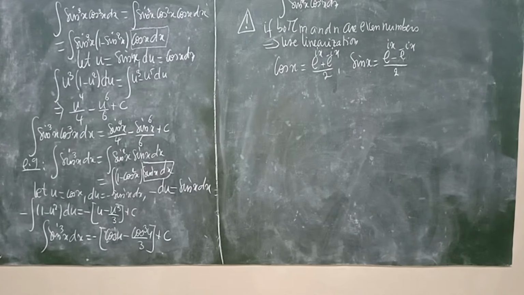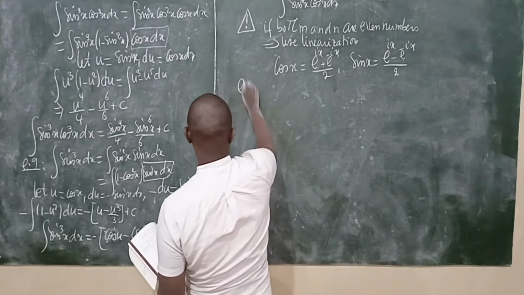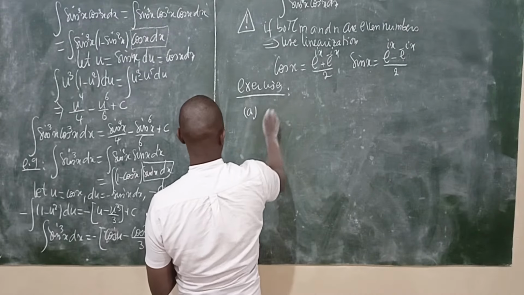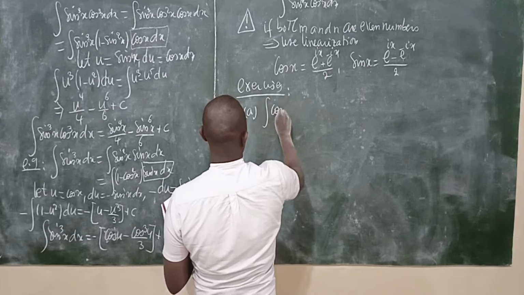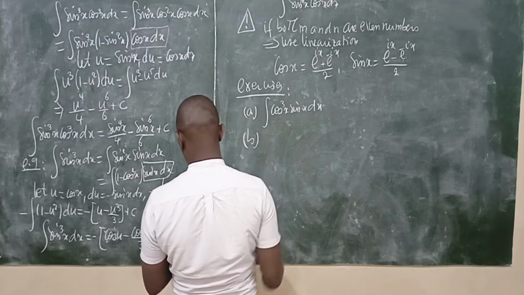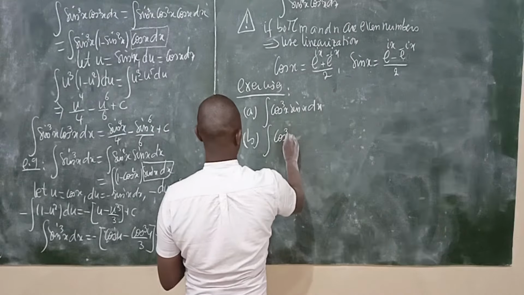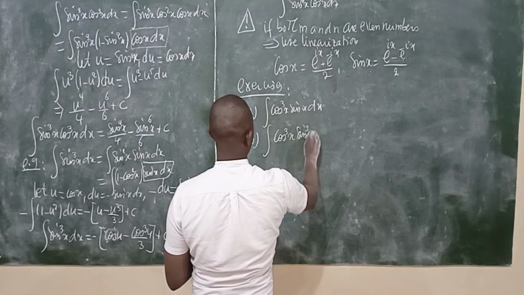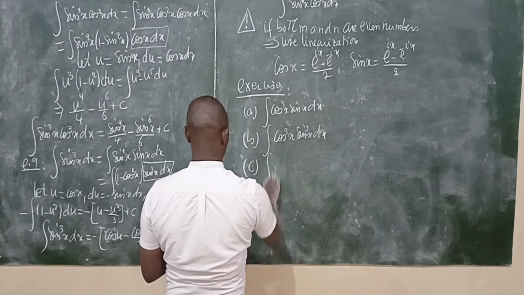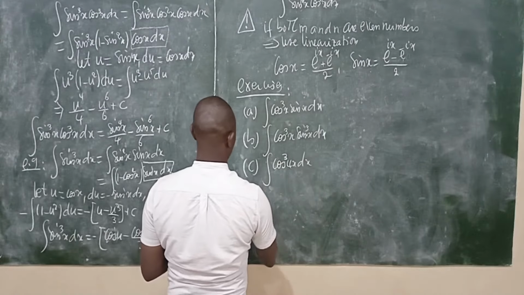Okay, let me give you some exercise. A, we have cosine^3 x sine x dx. B is about cosine^3 3x sine^3 3x dx. C, we have the integral of cosine^3 of 4x dx.